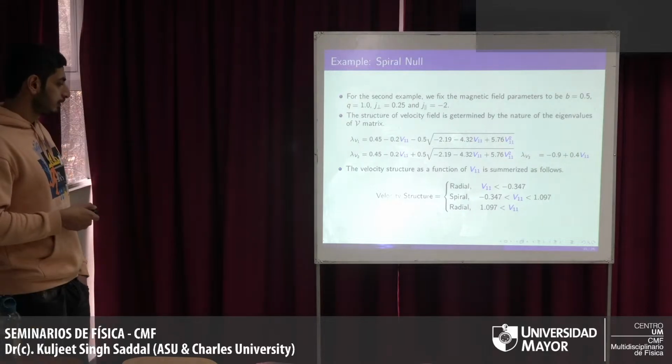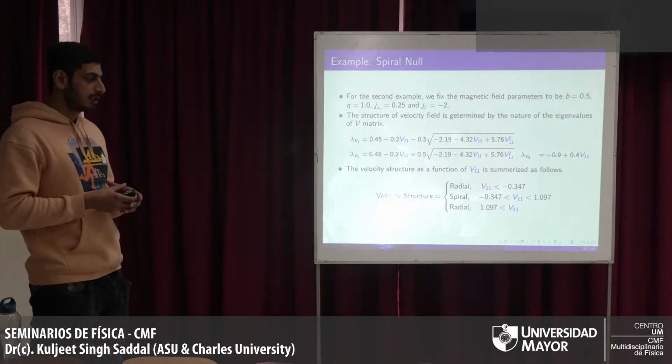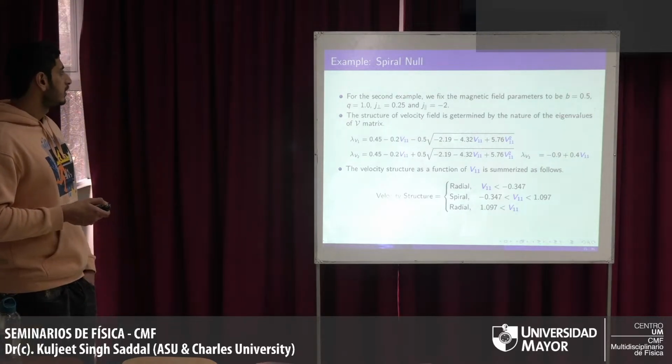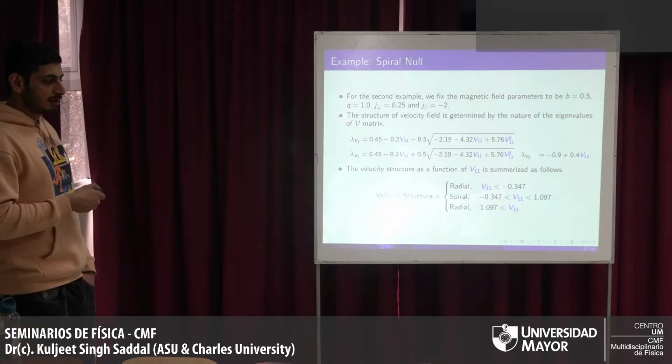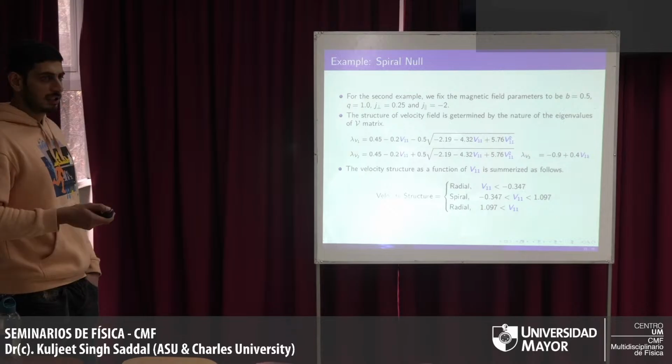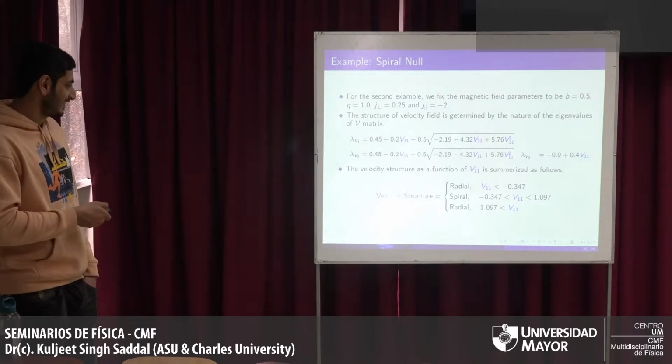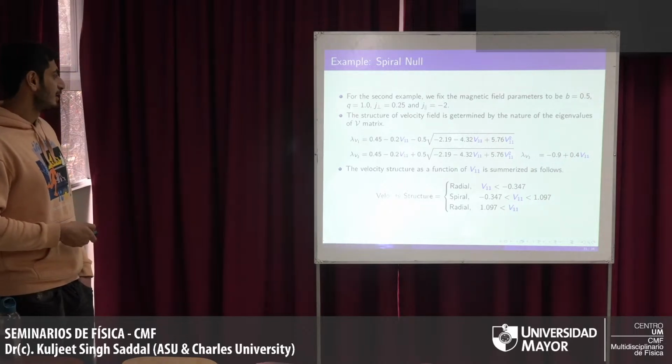In general, we would like to find the criteria: given a spiral or a radial magnetic field, when do we get a spiral or a radial velocity field? This is not done yet, so that is a part of the future work.